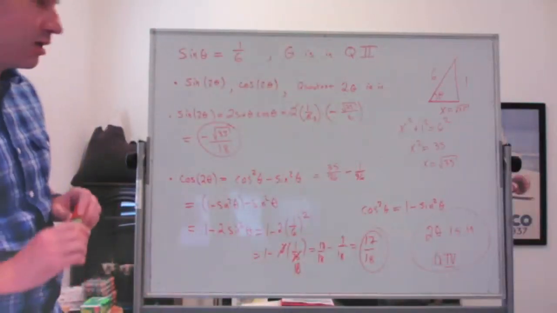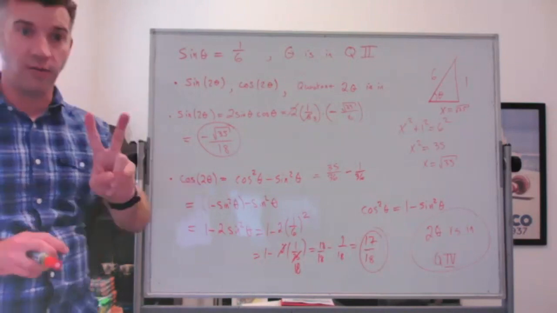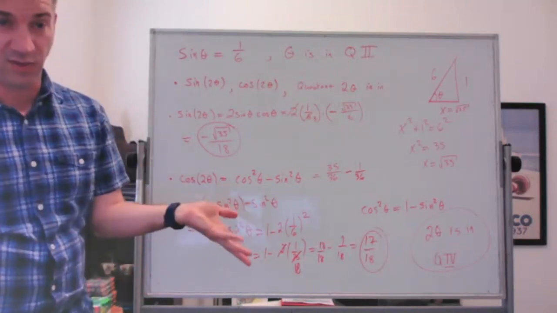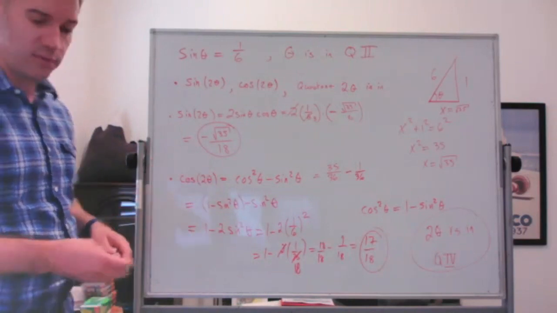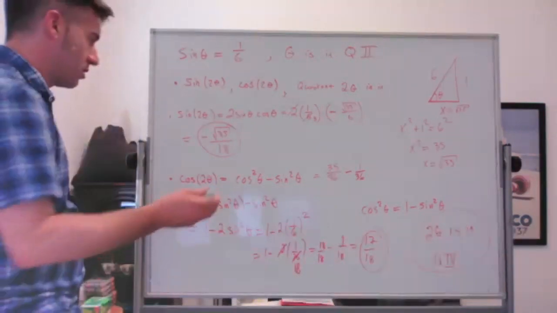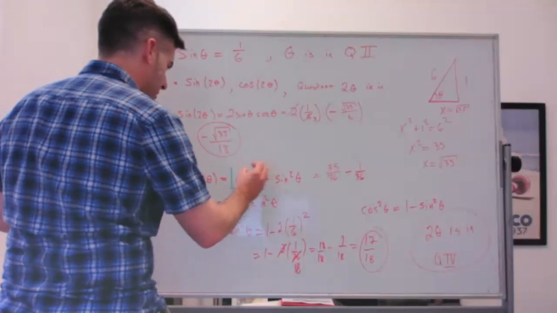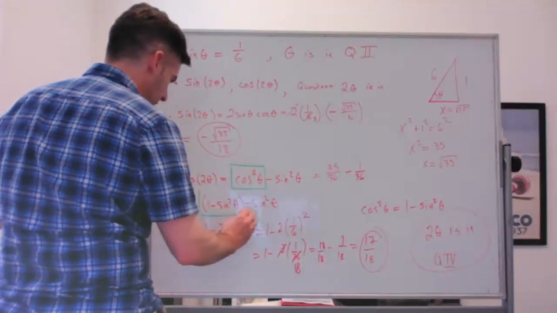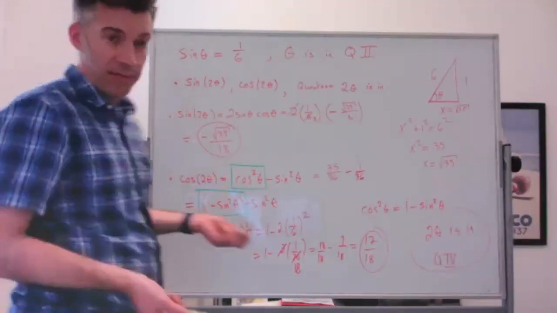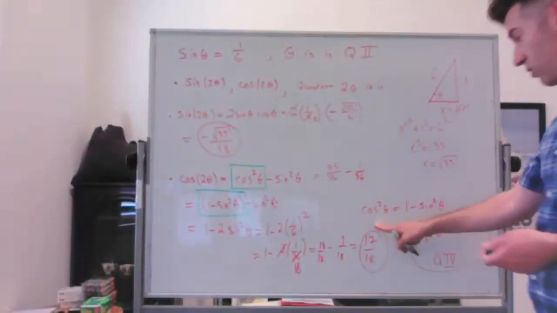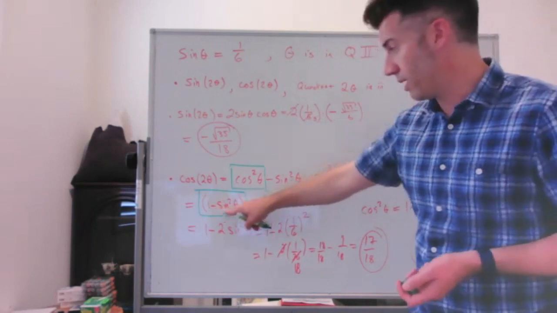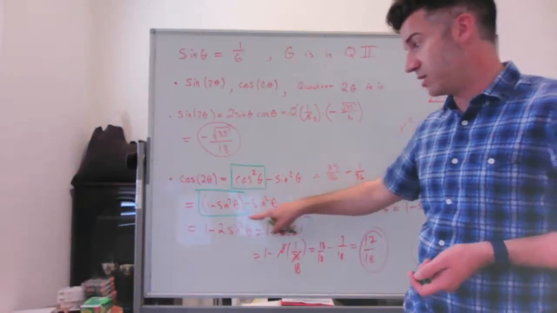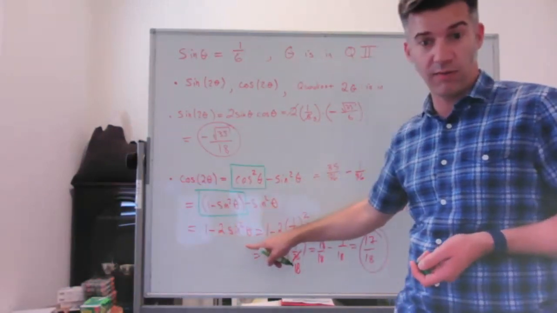Yes, of course. So for the cosine part, there's actually three different ways of doing it, really. The first way I did it was this path. I replaced cosine squared theta with 1 minus sine squared theta, because of the trig identity that cosine squared theta is equal to 1 minus sine squared theta. And then I rewrote 1 minus sine squared as 1 minus 2 times sine squared of theta.